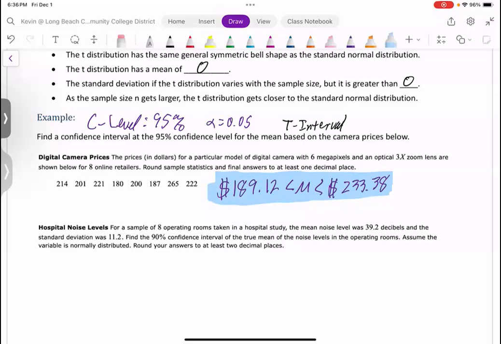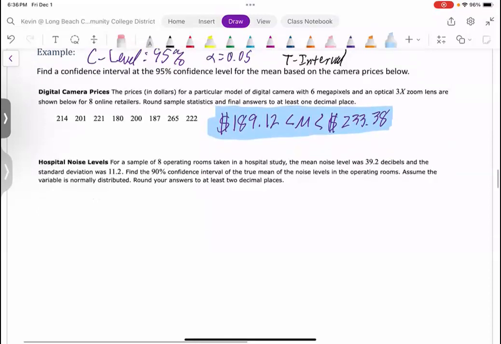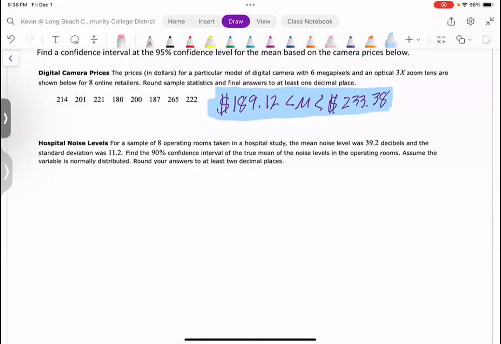All right, we're going to do one more example. Hospital noise levels. For a sample of 8 operating rooms taken in a hospital study, the mean noise level is 39.2 decibels, and the standard deviation is 11.2. Now, I want to point out, it says standard deviation, and I want to make a list here.